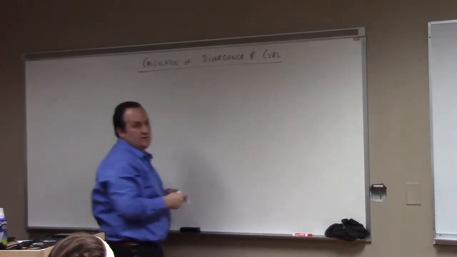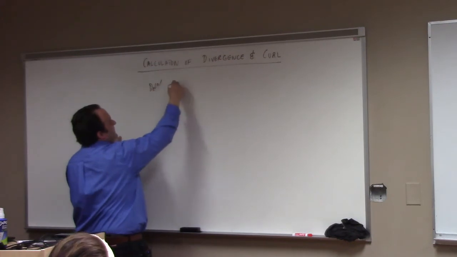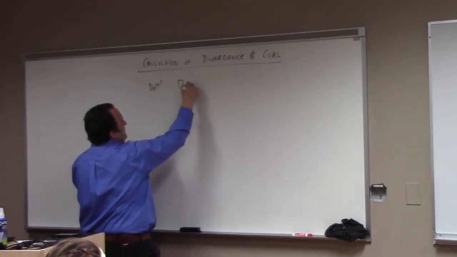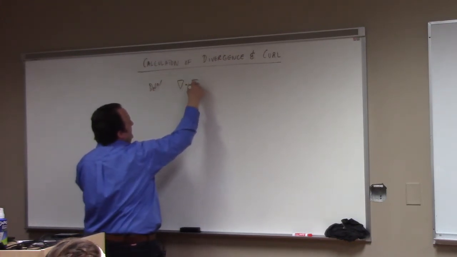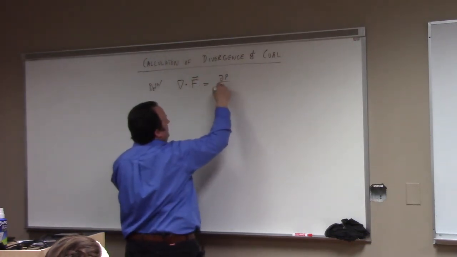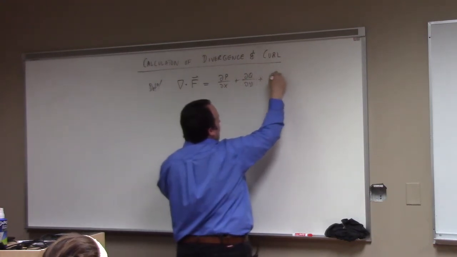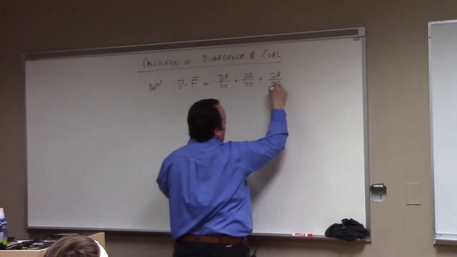All right? So first of all, the definition. Divergence. We write nabla dot F, and that is equal to partial P, partial x plus partial Q, partial y plus partial R, partial z.